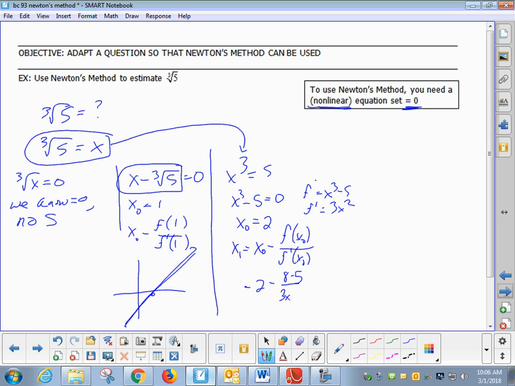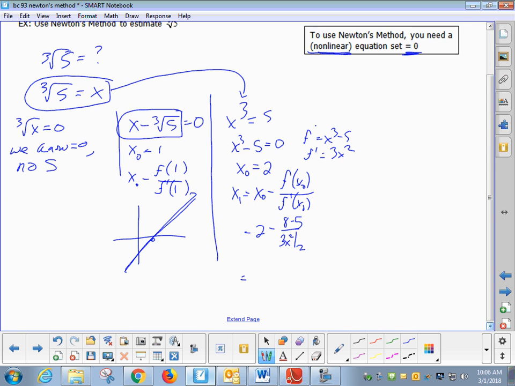f prime at x initial is f prime at 2, so I'm thinking 2 minus 3 over 12. So 2 minus 1/4, or 1 3/4.